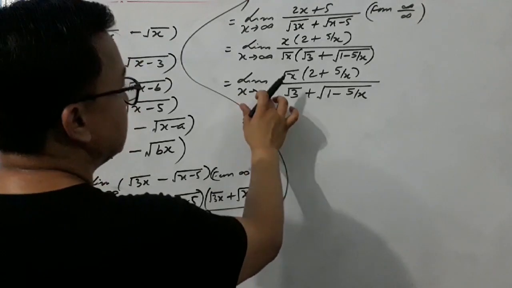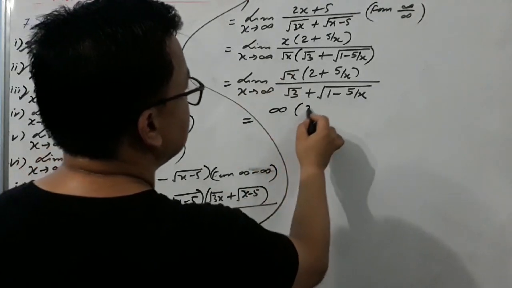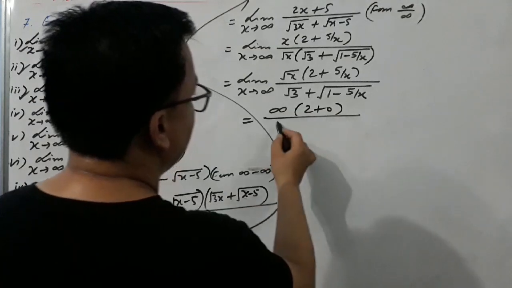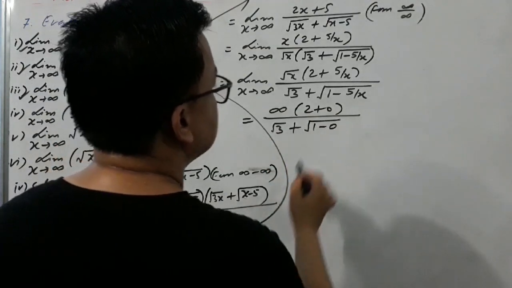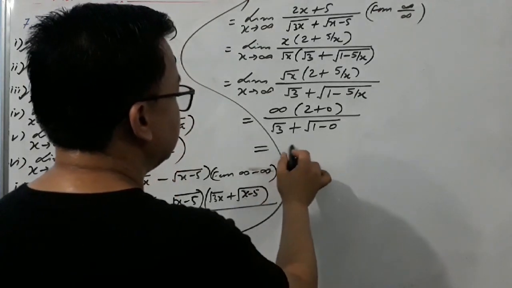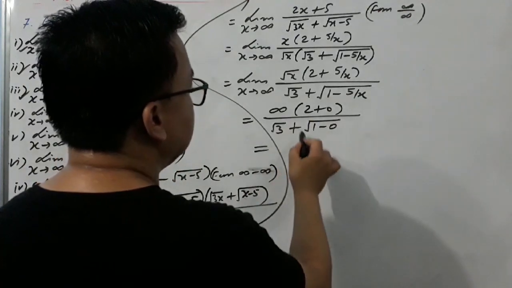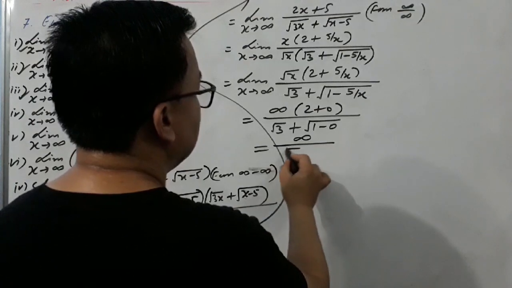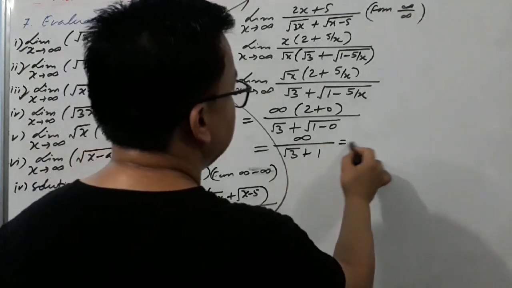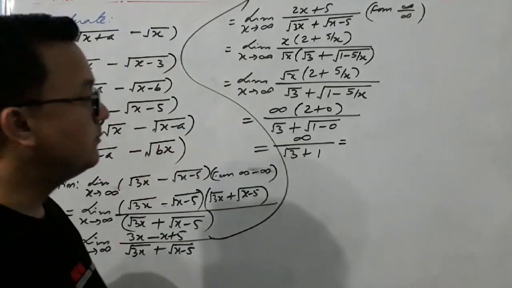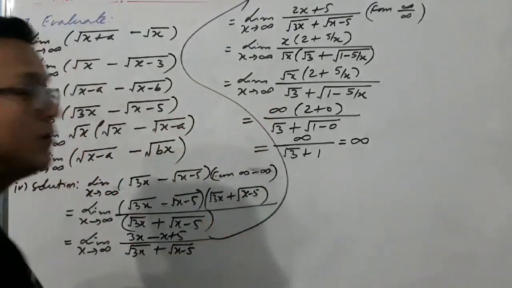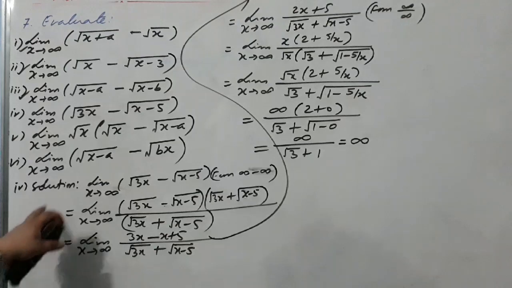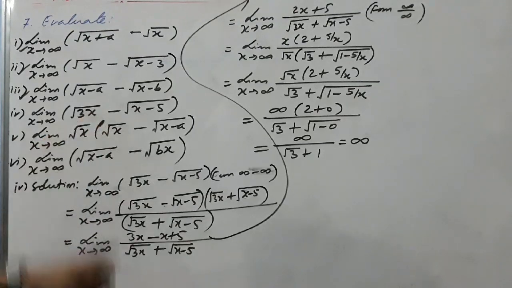As x tends to infinity, 5 upon x tends to 0, so we get infinity times 2 plus 0 over root 3 plus root 1 minus 0, that is infinity over root 3 plus 1, a real number. Infinity divided by a real number means infinity. So you are going to get infinity as the limit of this function.